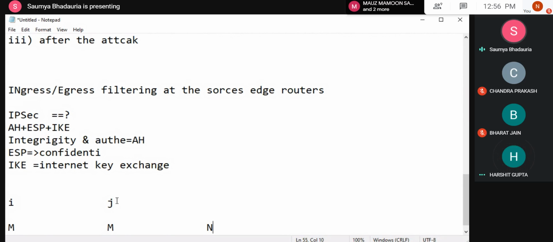ओके क्लियर? मैम, अगर वो L वाला जो है वो IP एड्रेसेस स्पूफ करके भेजे तो भी वो दूसरे डेस्टिनेशन से भेज रहा है ना, तो मैम M उसको ड्रॉप करेगा.